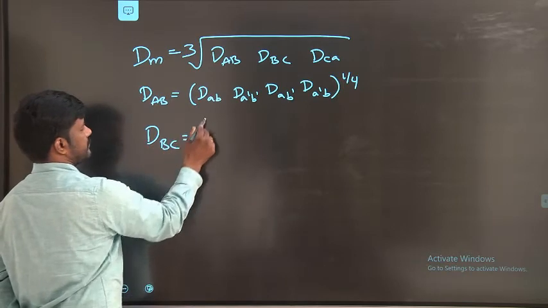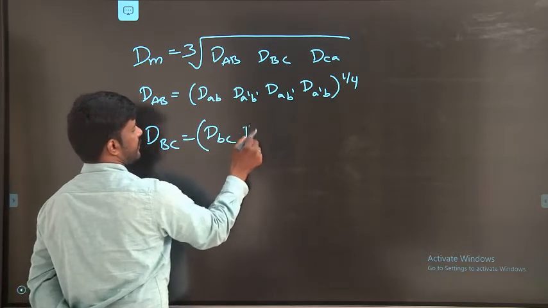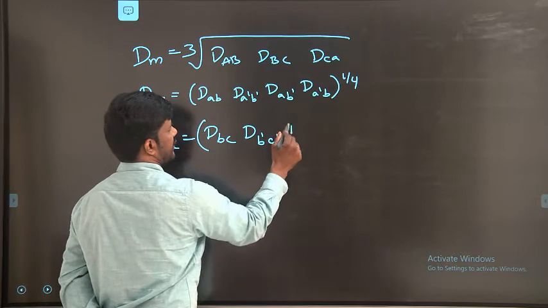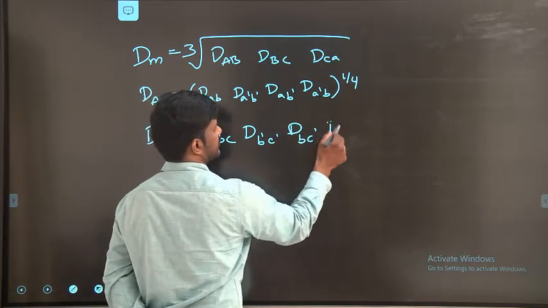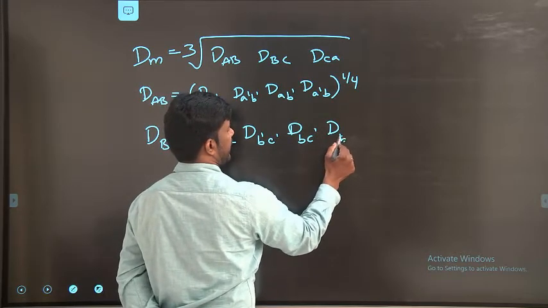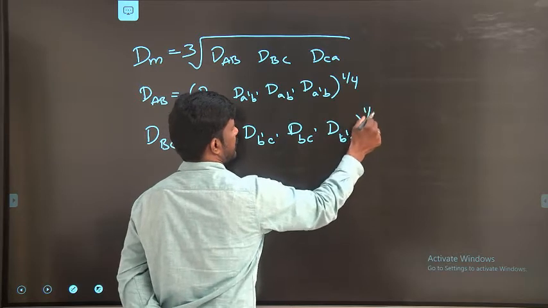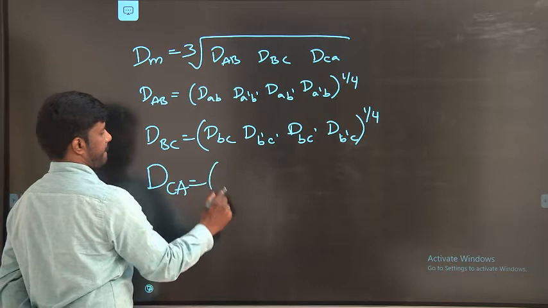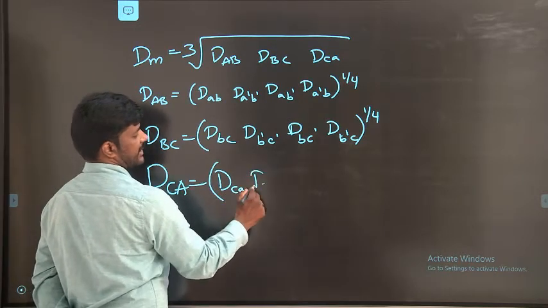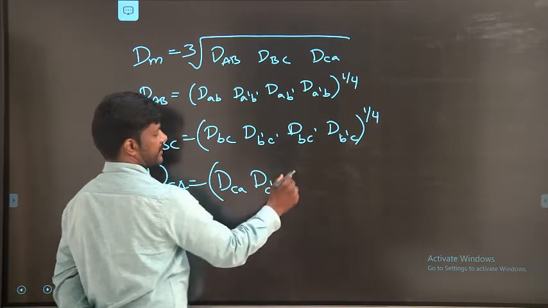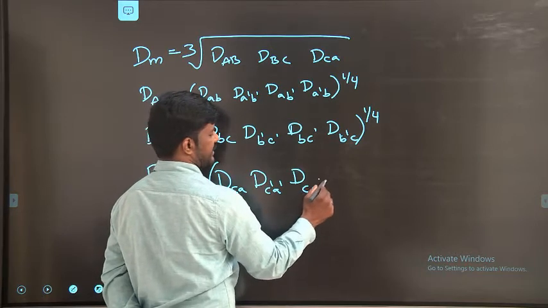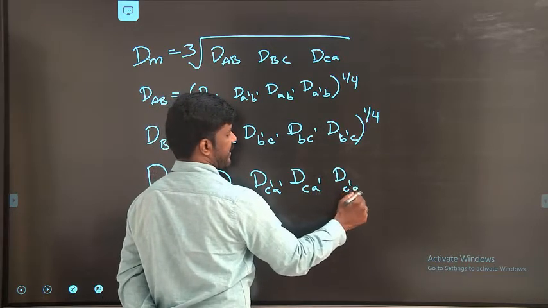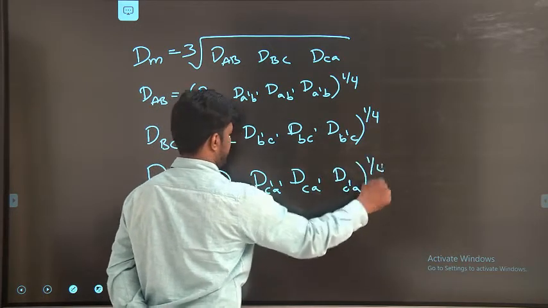DBC: BC, B dash C dash, BC dash, B dash C, to the power 1 by 4. Last combination CA: CA, C dash A dash, C A dash, C dash A, to the power 1 by 4.